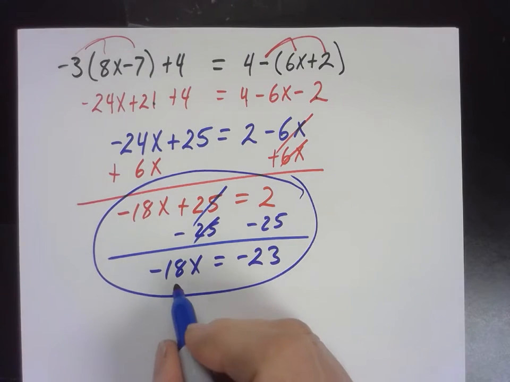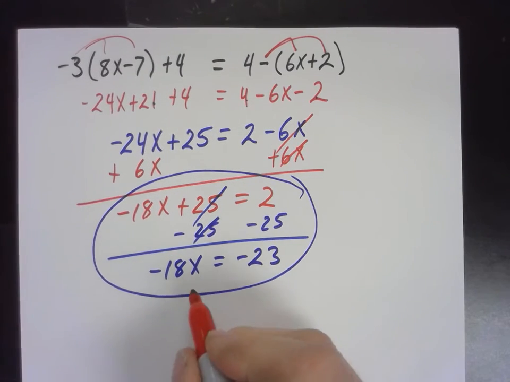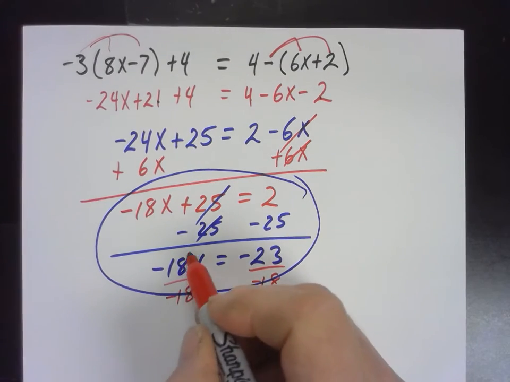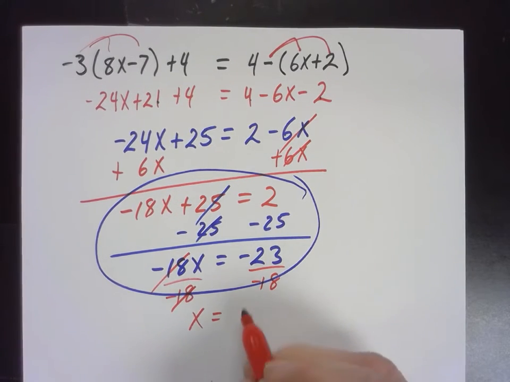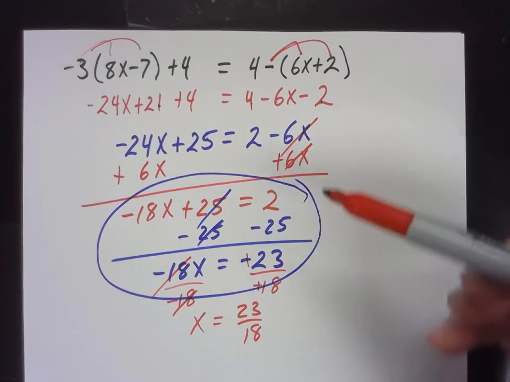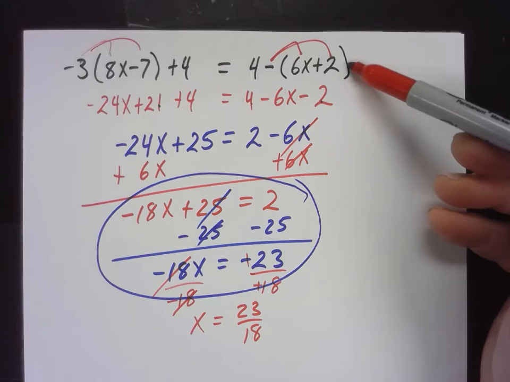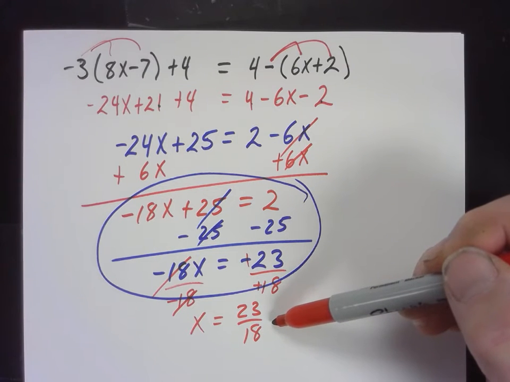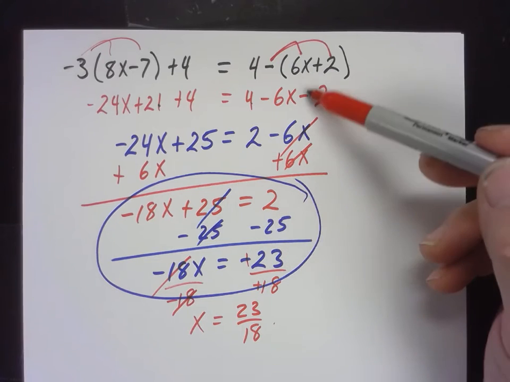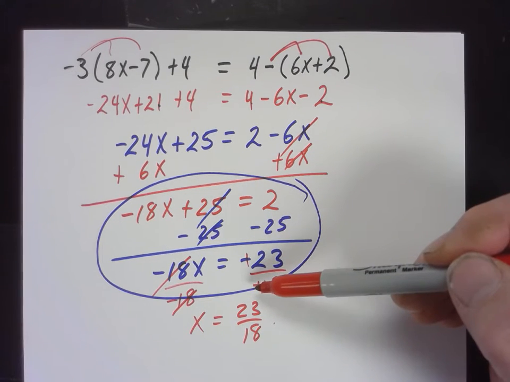And then we're going to do another step. We still have to keep going. Positive 23 over 18. Now, can I look at this original equation and tell what the answer is? Or do I need to show work and solve it? I need to do this to get the correct answer, and so do you.